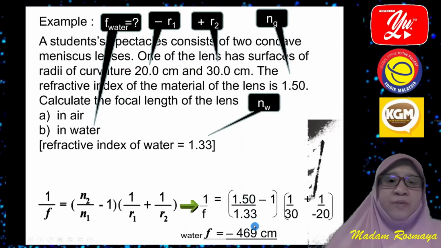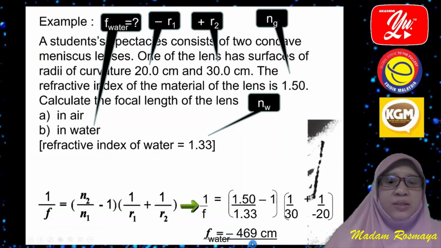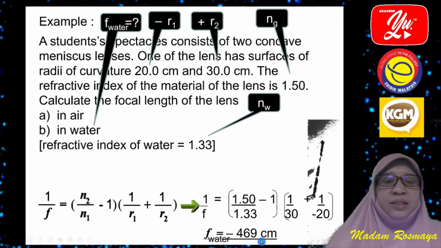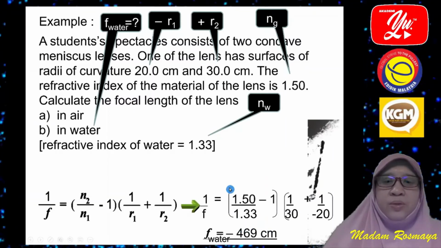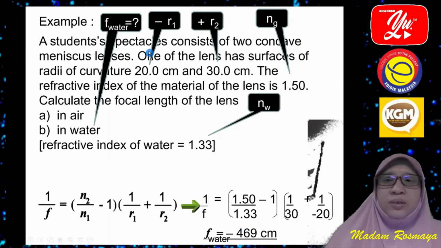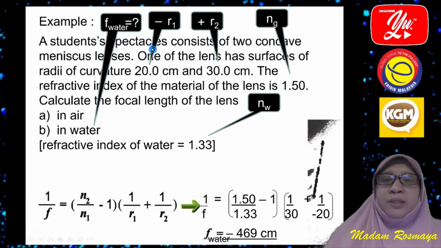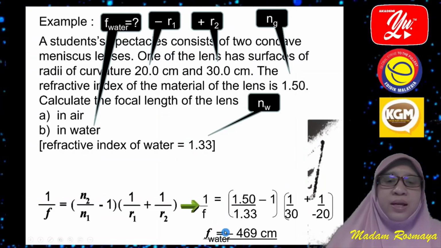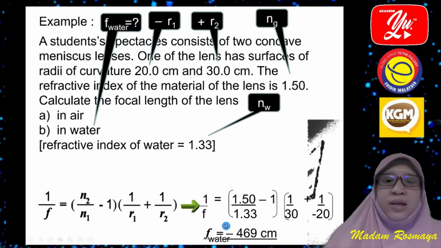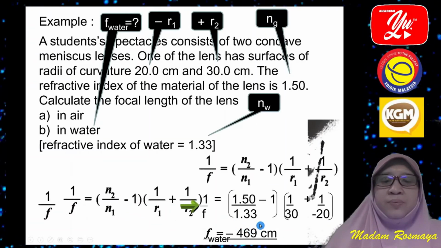So the answer is, focal length in the water is negative 469 centimeter. So this is a very large value. When the student wears his spectacles in the water, what happened to the focal length? The focal length will change to a larger value.